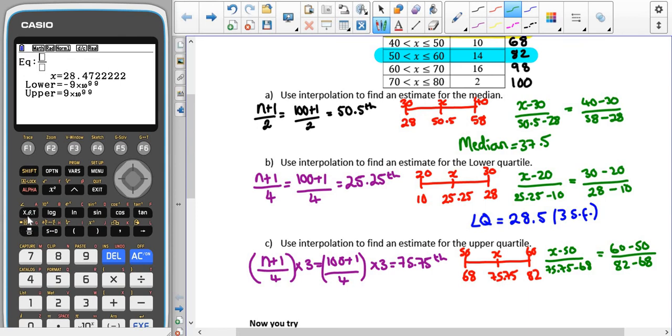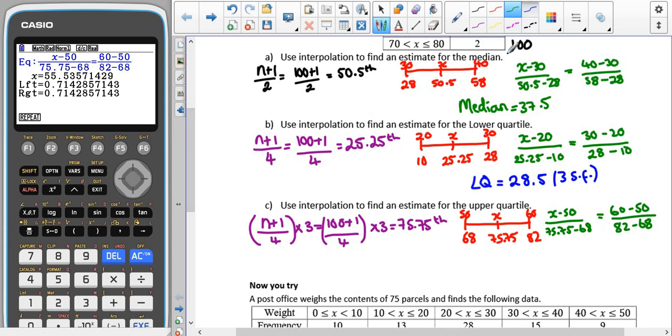So fraction button, x theta t for the x, minus 50 divided by, so click down, 75.75 minus 68, across to get out of the divide sign, equals fraction 60 minus 50, down to get onto the bottom of the divide sign, 82 minus 68, click XE twice, and there we go. So our estimate for the upper quartile is going to be 55.5, and remember again that that is to 3 significant figures.